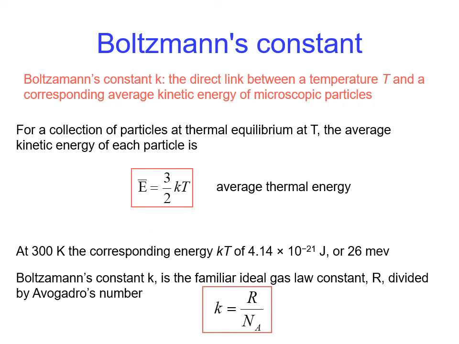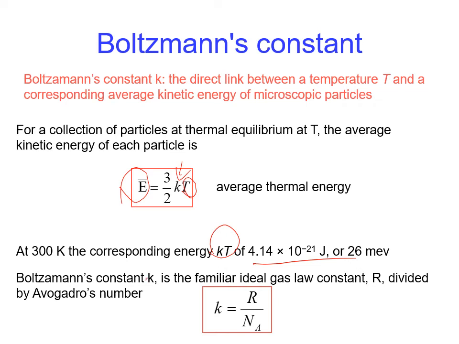The Boltzmann constant is the direct link between a temperature T and the corresponding average kinetic energy of a microscopic particle. So this is the average kinetic energy of each particle, this is temperature, and this is the Boltzmann constant. So kT is a measure of this thermal energy. At room temperature, about 300 Kelvin, the value is 4.14 times 10 to the minus 21 joule.